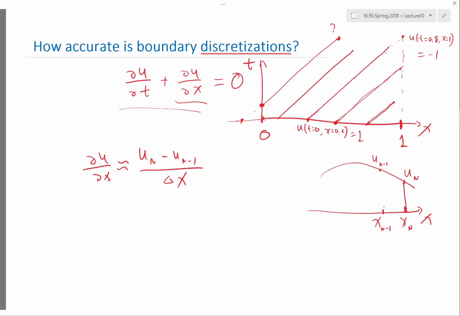So now, if we want this to be second order, what do we do? Add another term relating to what? Un minus 2, right. And how do we derive the scheme for that?